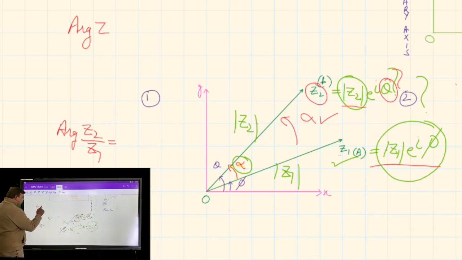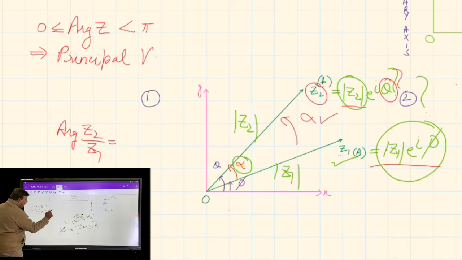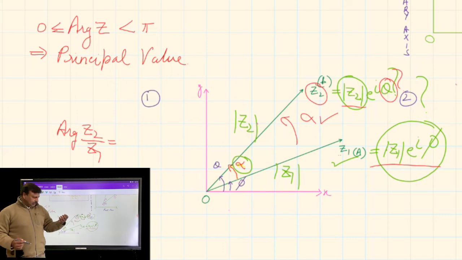Argument of Z, if it lies between pi and 0, would actually mean principal argument. Okay? So what spelling have I used for principal? Don't make the mistake of writing PLE. Principal value, principal value. Okay? That's the spelling you'll have to use. So if it lies between 0 and pi, you can call it the amplitude or the principal argument.